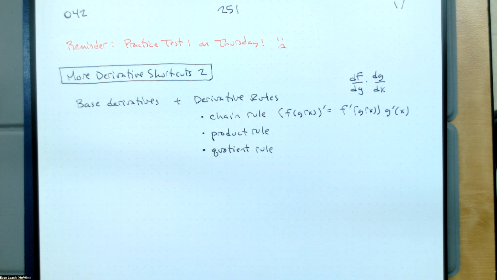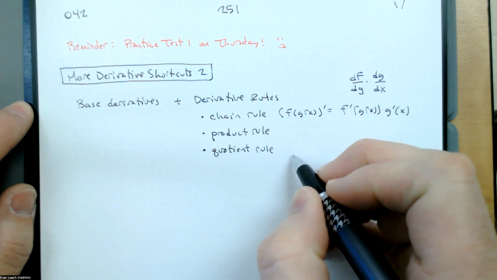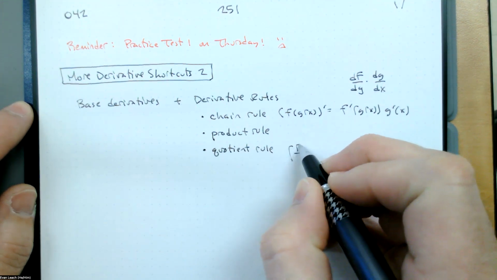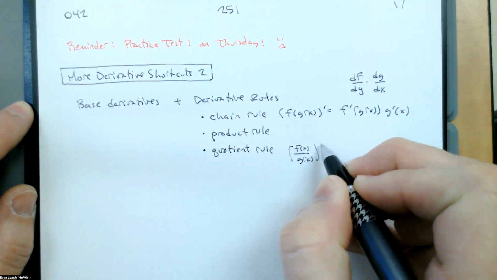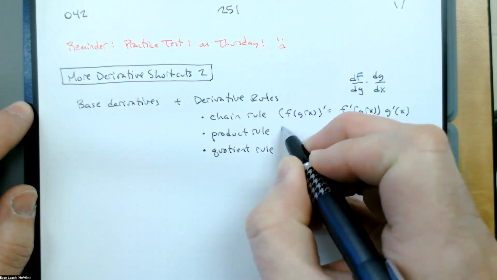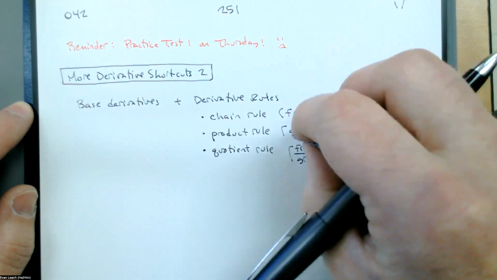Chain rule is the only one with the weird name. So the quotient rule would be for something like the derivative of f of x over g of x. And the product rule would be the derivative of f of x times g of x.